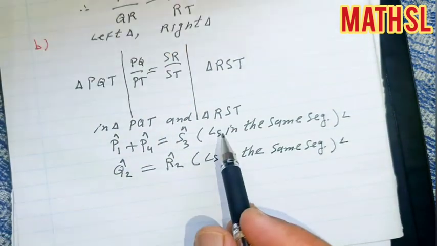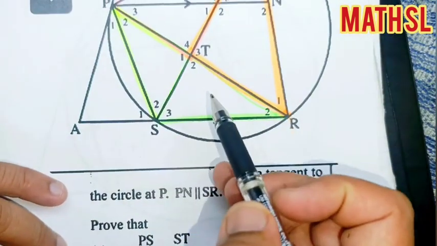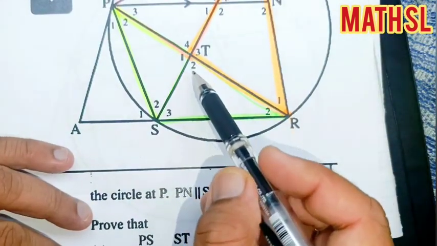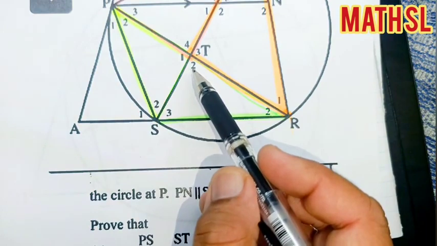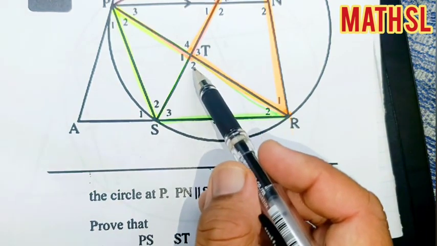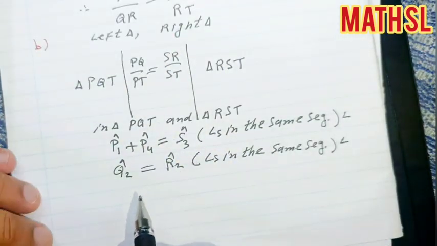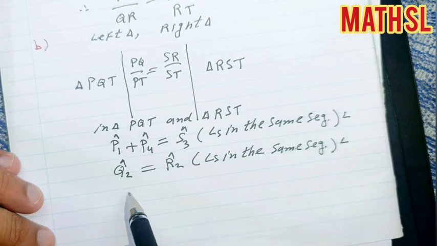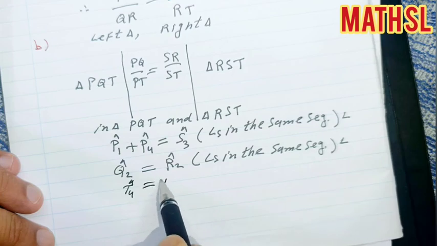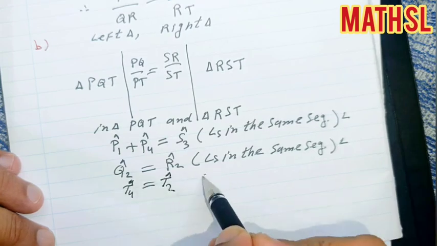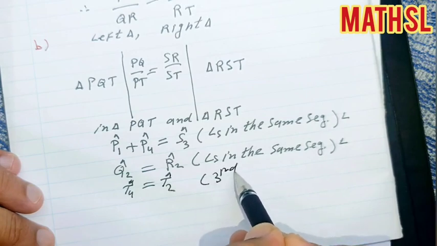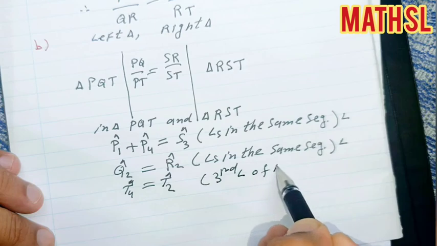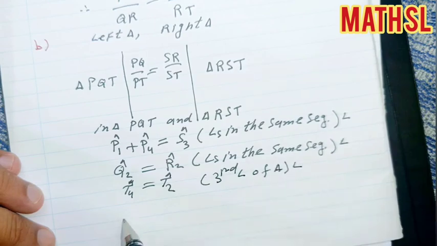The last one I don't need to look at. Only T is left. So T4 is equal to T2. Although they are vertically opposite angles, I'm going to say third angle of triangle. So angle T4 is equal to angle T2, third angle of triangle. This is my third angle.